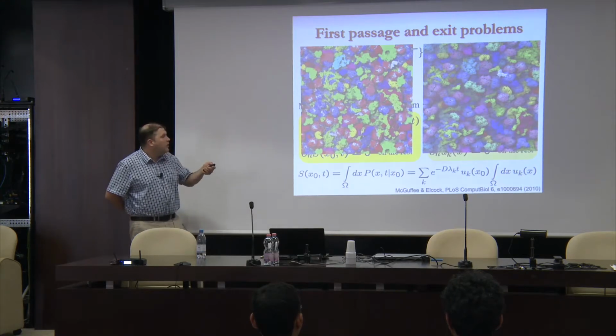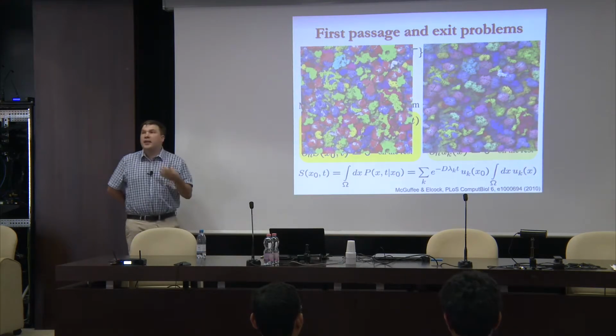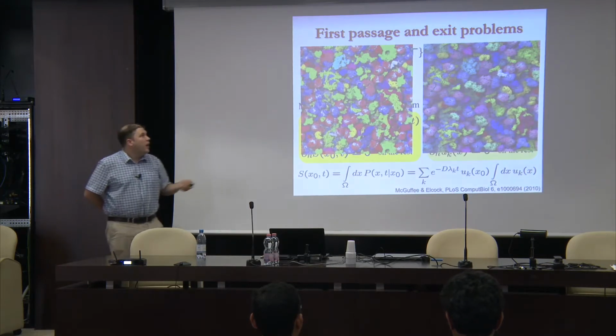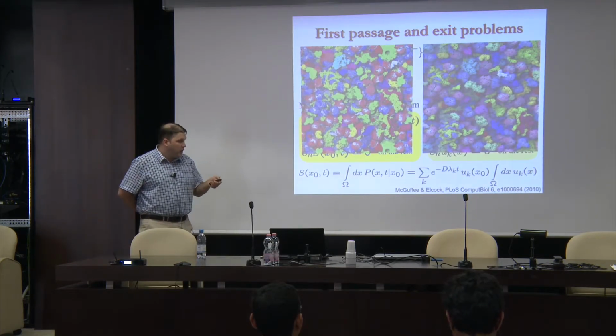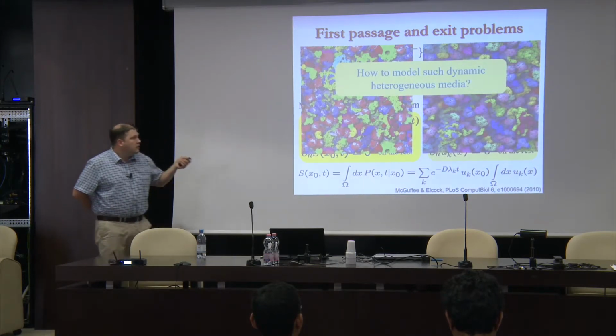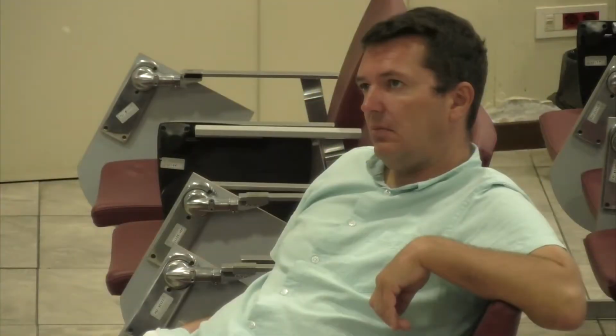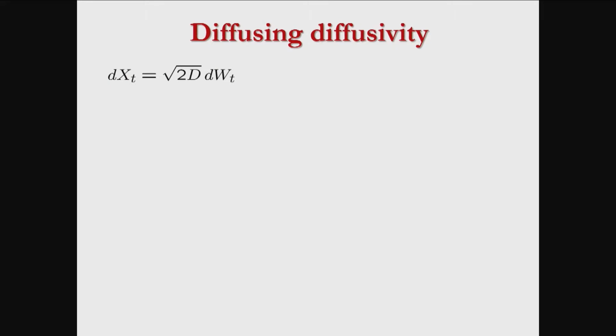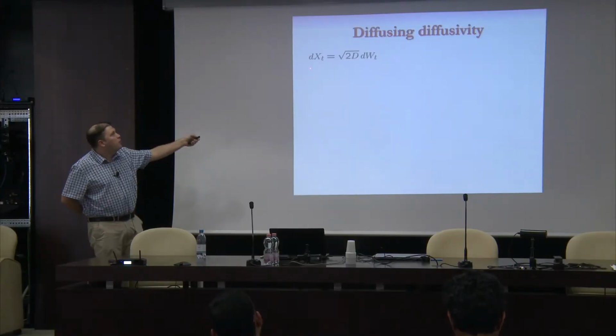So how can one incorporate, at least effectively, the effect of this randomly rearranging medium into this first passage time problem? The idea is not new. What one can use is the concept of diffusing diffusivity. Let me go back again to the stochastic equation, first in the homogeneous case. Here you can write the simplest stochastic equation for free Brownian motion.